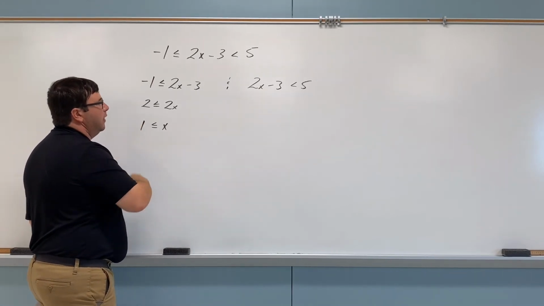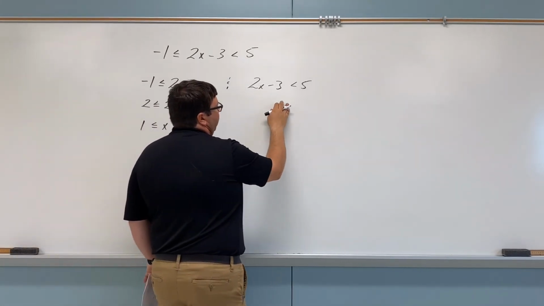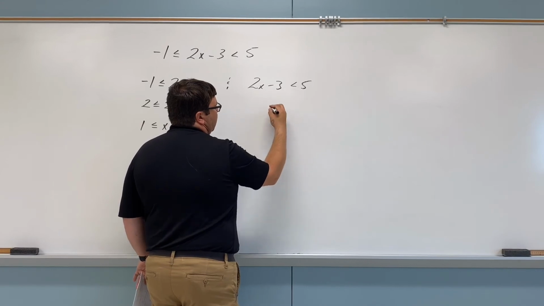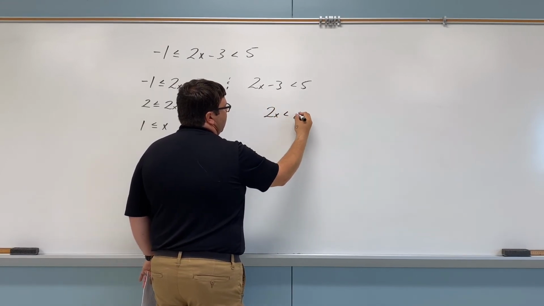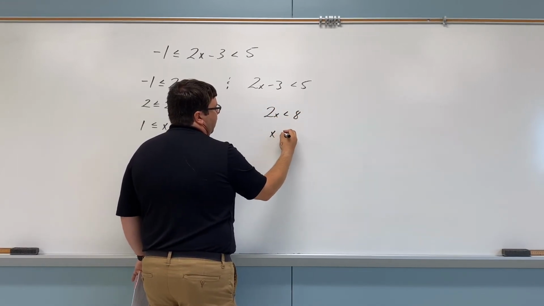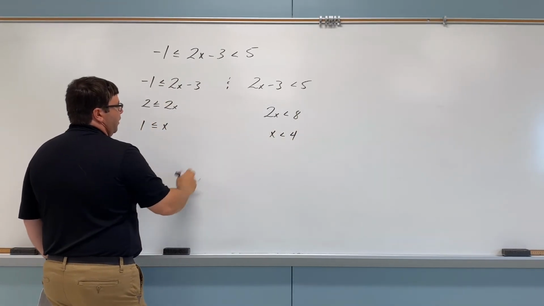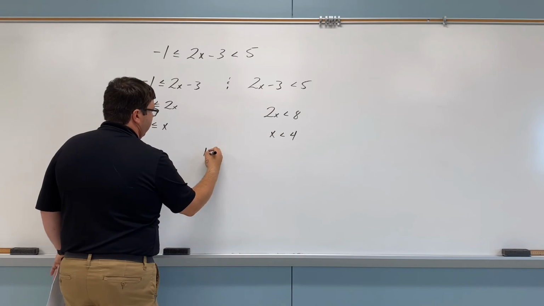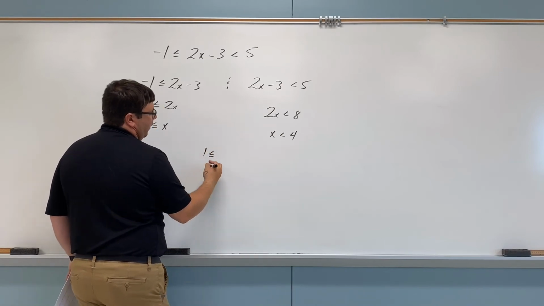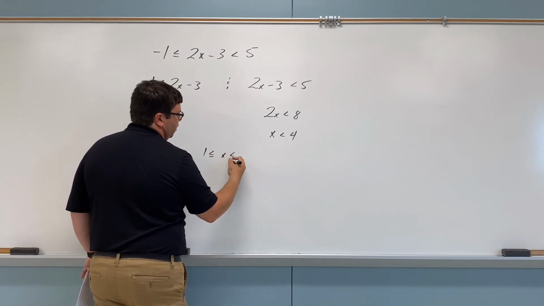X is on that greater side. Over here, if you were to solve this out, you would add your 3, so you'd have 2x less than 8. Divide by 2, x is less than 4. And then you'd look at these and combine them back, and you would say that 1 is less than or equal to x, which is less than 4.